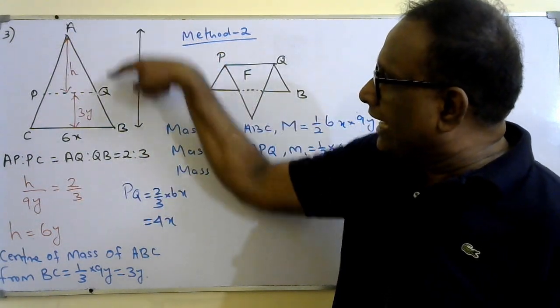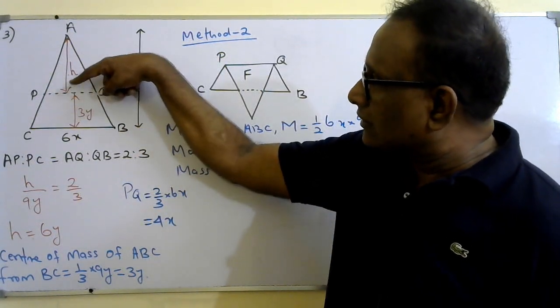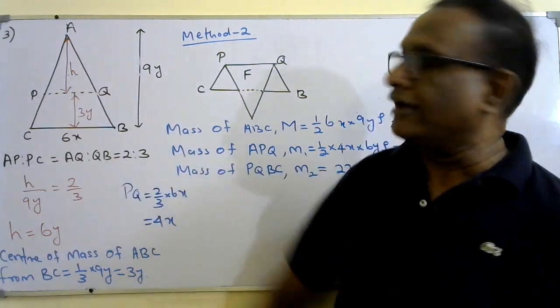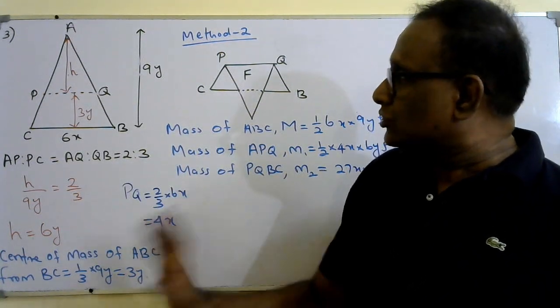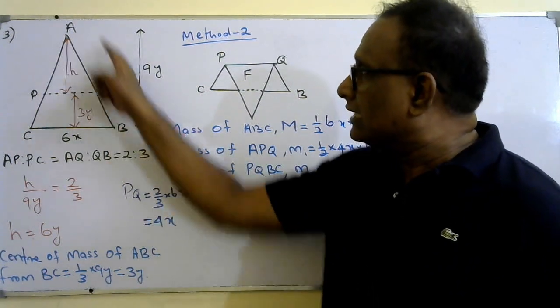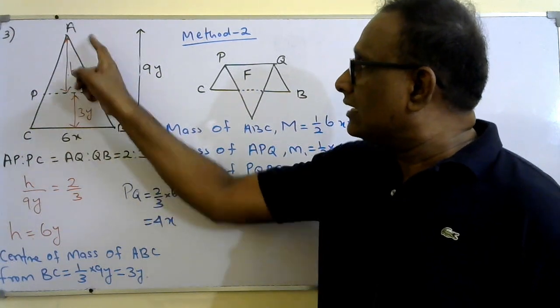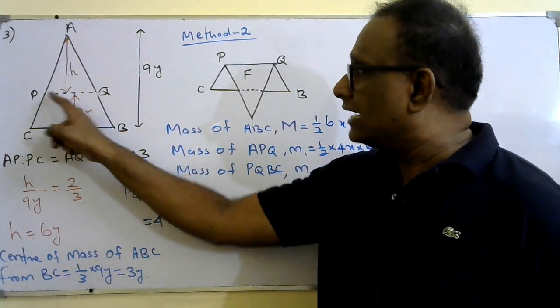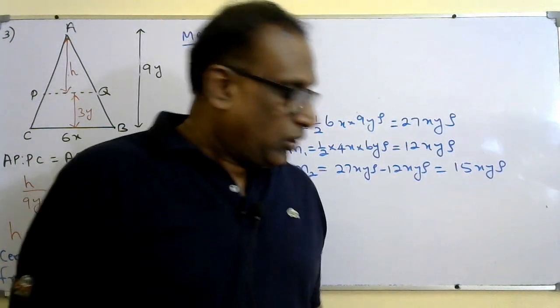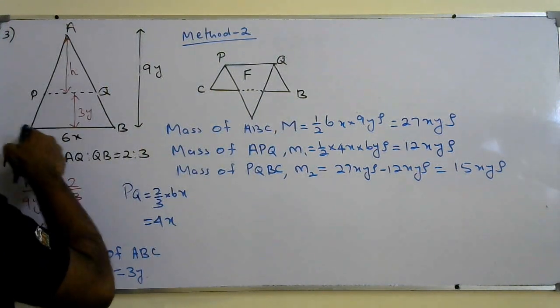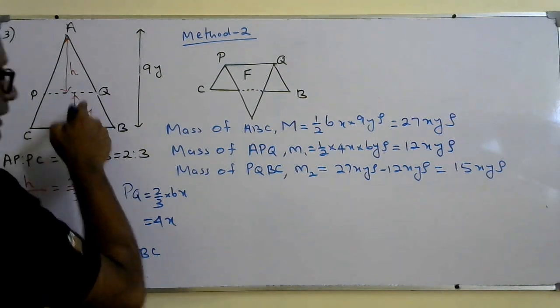The center of mass of AQP will be above this one. The center of mass of the trapezium will be below. One side we have to take positive. So we assume this triangle is due to the addition of the triangle and the trapezium.